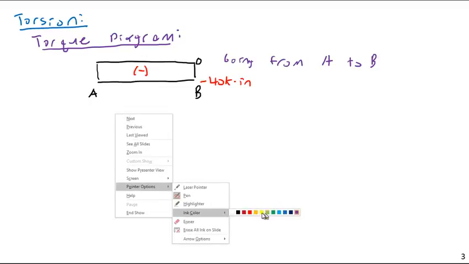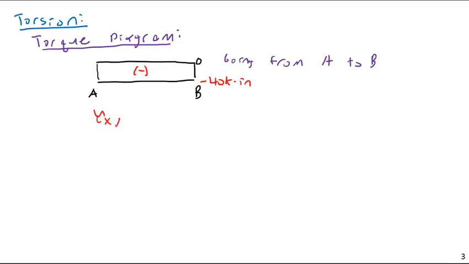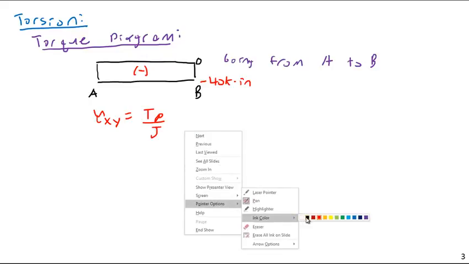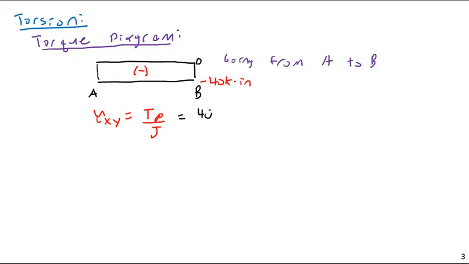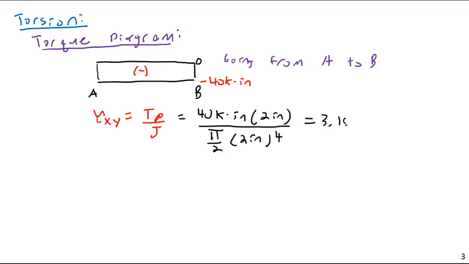Tau xy is equal to the torsion T times rho, the radius of where you're taking stresses, although in this case we're looking at the critical stress, which is the maximum at the outer surface, over J. This is then equal to 40 kip inches times 2 inches over the polar moment of inertia of a circle, pi over 2 times 2 inches to the 4th power. And this equals 3.18 KSI.